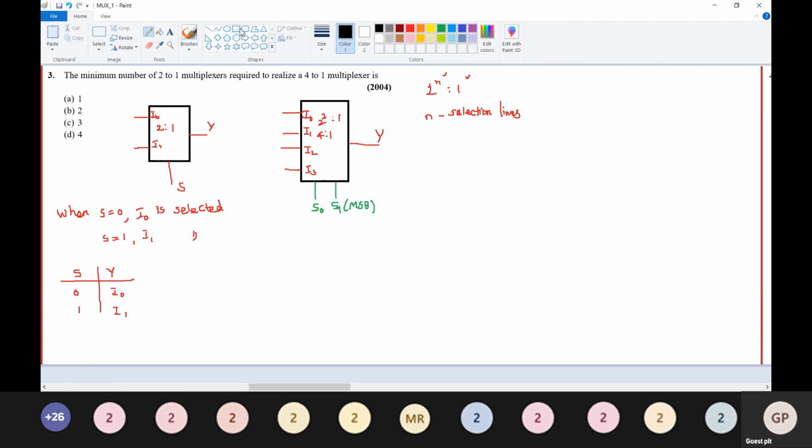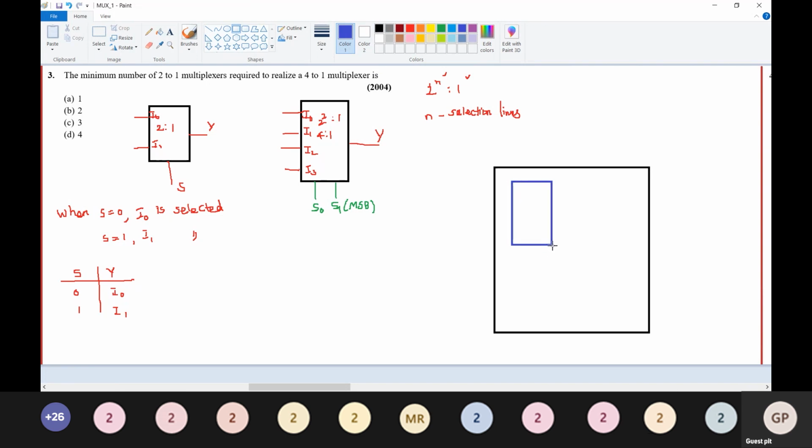Okay, now I'll draw this. First I'll take a 2:1 mux.